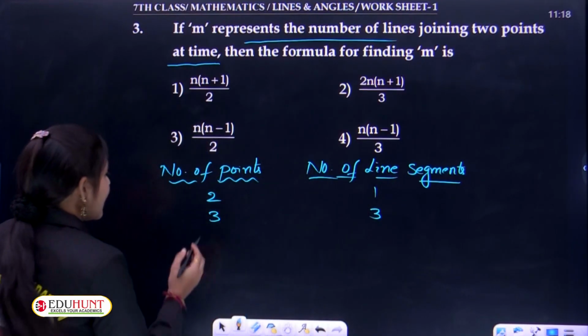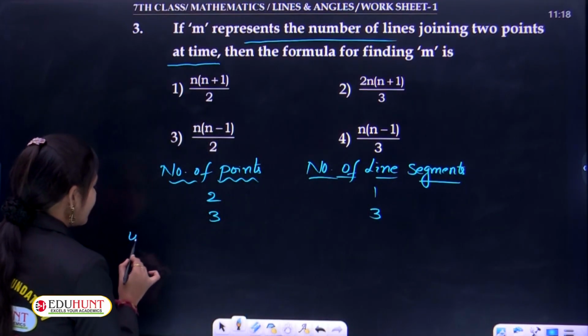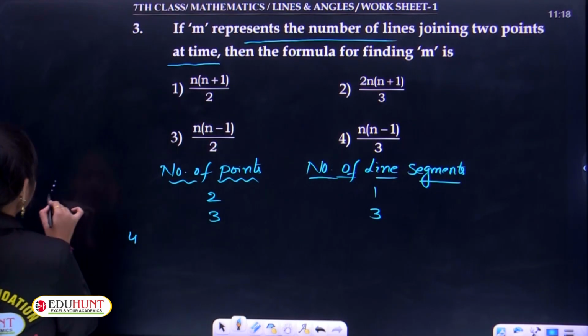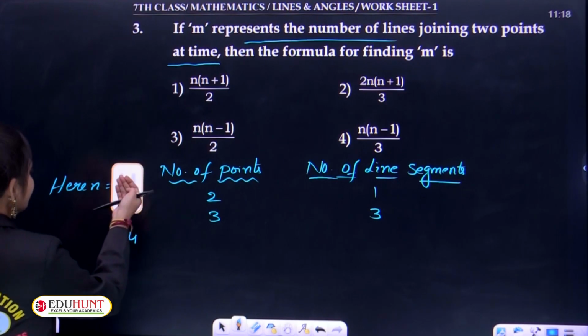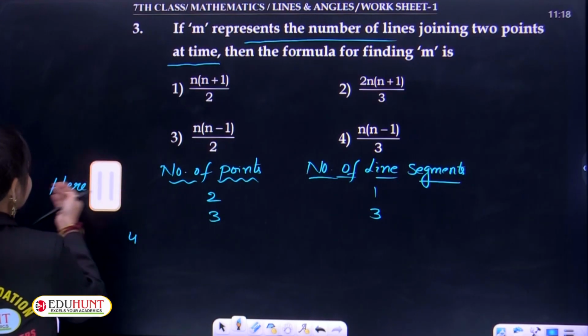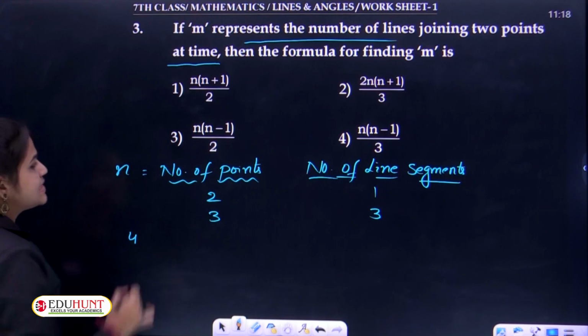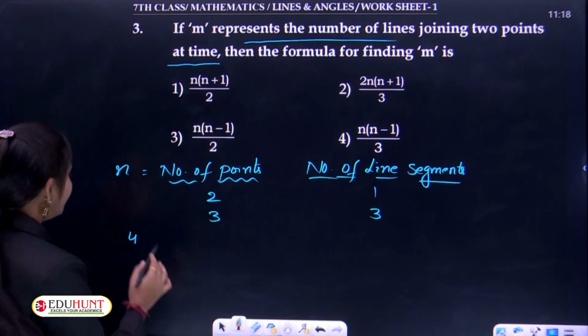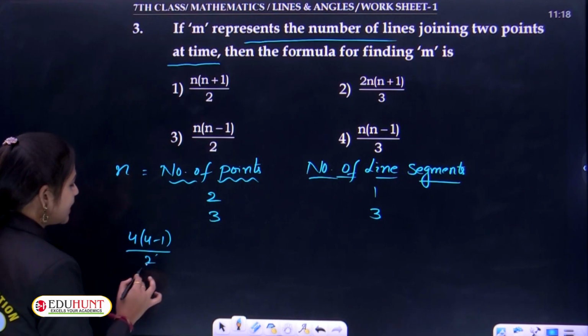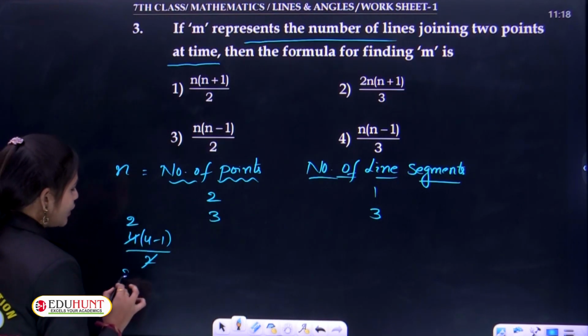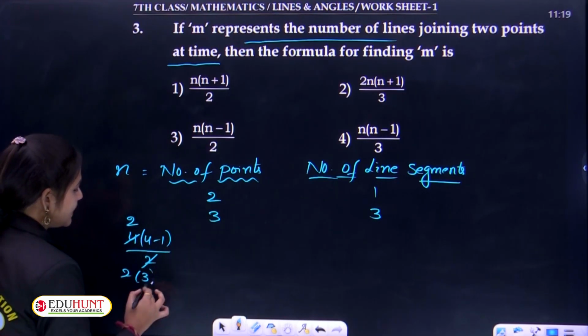Next, apply the same condition for 4. If you take 4, n is equal to 4, where n is the number of points. Now here 4 into 4 minus 1 by 2. Then how much will you get? 2 2's are 4. 2 into 4 minus 1 is 3. 2 3's are 6.